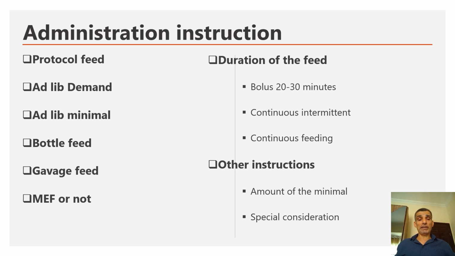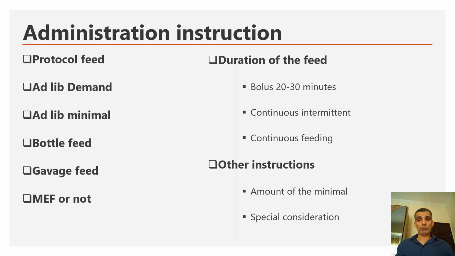You can also state other instructions in your order, whether you're using paper documentation or a system, by stating what the amount of the minimal feed is. For example, if the child can achieve 120 ml per kg per day, that's his or her minimum. If he can get above, then all is good.